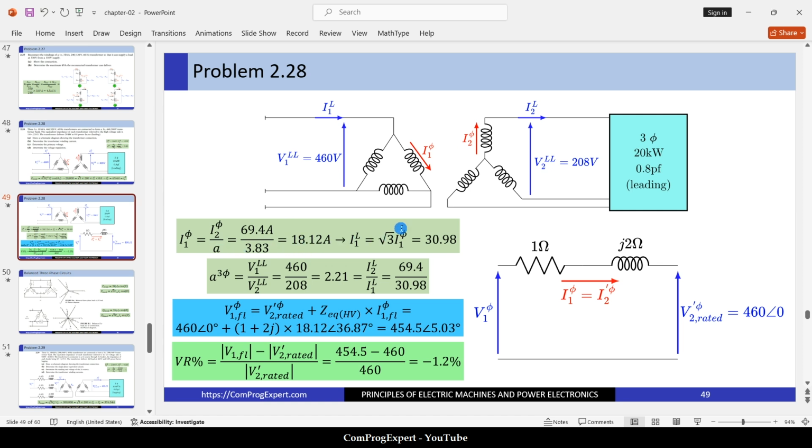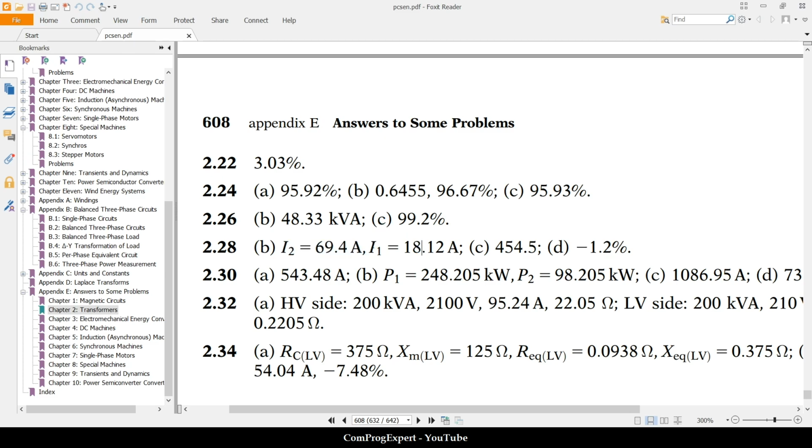18.12. Again, how much is the value of the line current for the primary side? Here we have delta connection. The line current is square root of 3 times the phase current. This is the value of the line current. And here, what is the number? 18.12 for the I1 phase current.